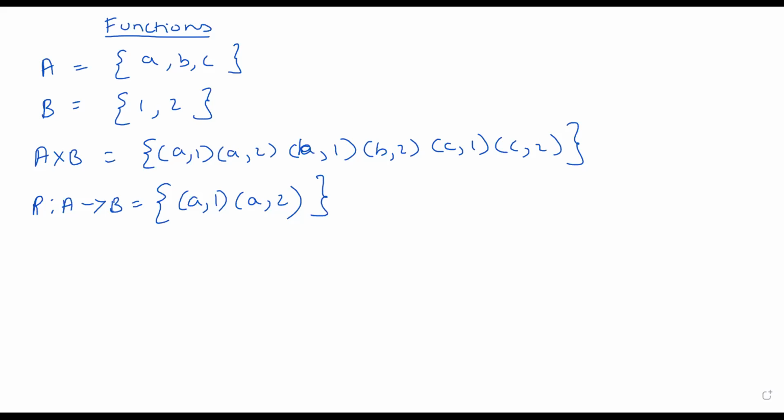So it means that every function is basically a relation, and then it will become a function. So every function is a relation. When that relation satisfies two given conditions, then it becomes a function. Now, what are these two given conditions?